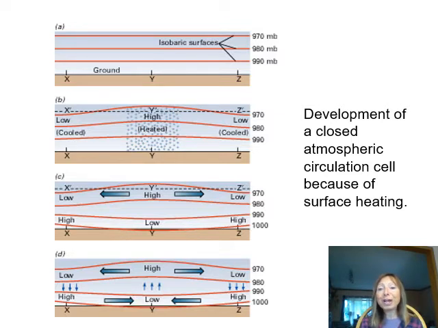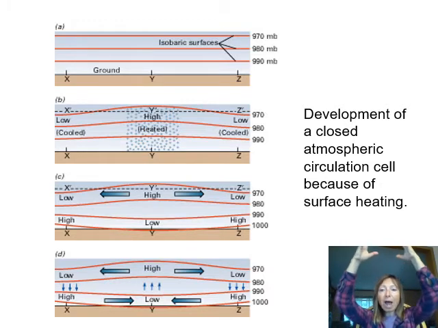This picture illustrates the development of a closed atmospheric circulation cell because of surface heating, as we can observe in real weather systems. As the ground becomes warmer, the air on the ground warms up and moves upward. It creates a high pressure zone at a certain altitude and a low pressure zone at the ground.